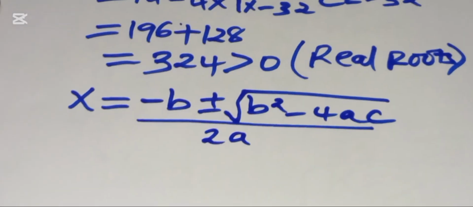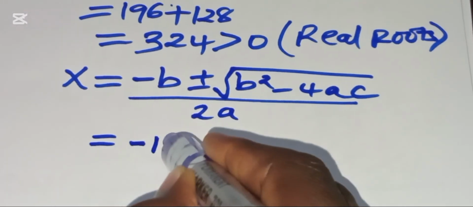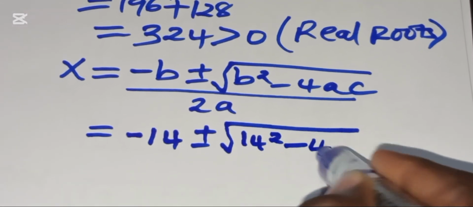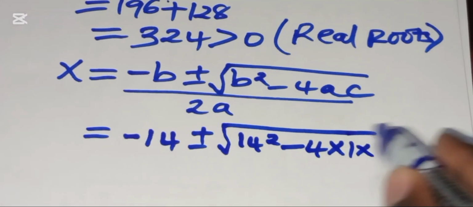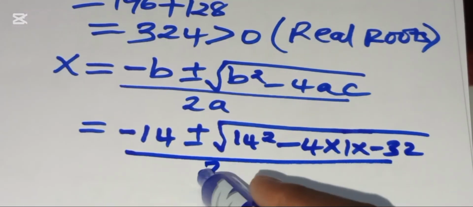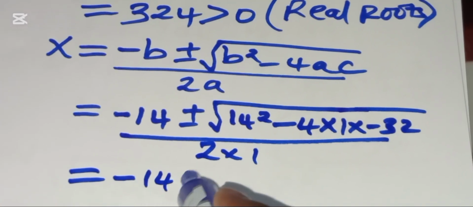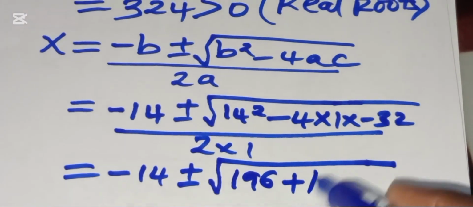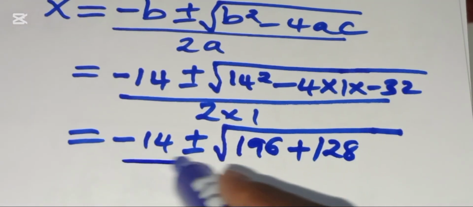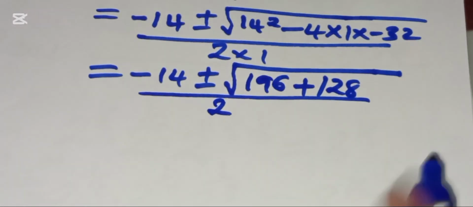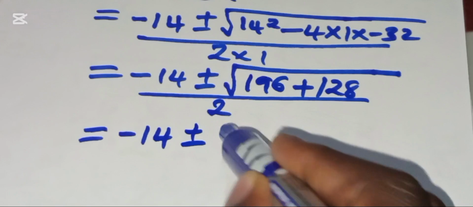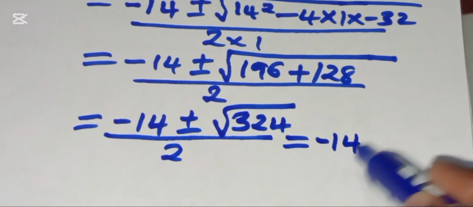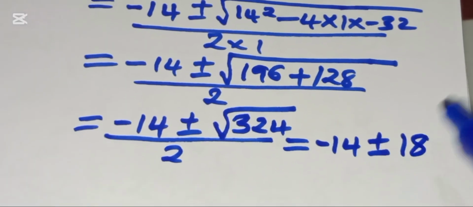Let's substitute the values of a, b, and c: x = (−14 ± √(14² − 4 × 1 × (−32))) / (2 × 1). This is −14 plus or minus the square root of 196 + 128, divided by 2, so −14 plus or minus the square root of 324, which is 18, divided by 2.